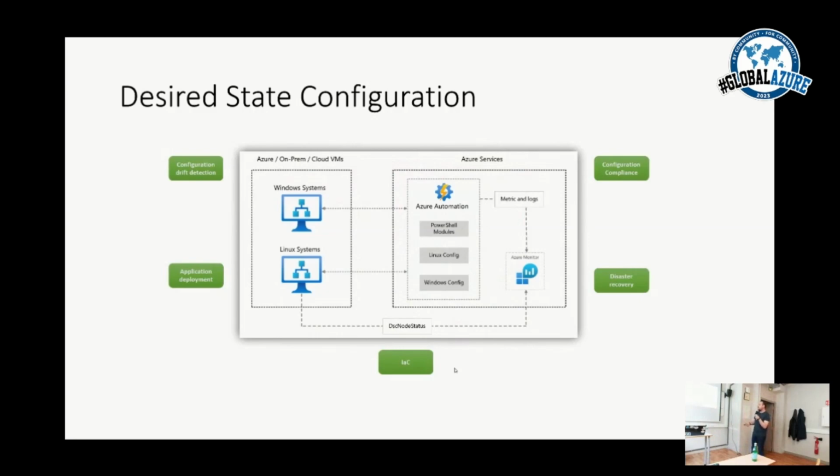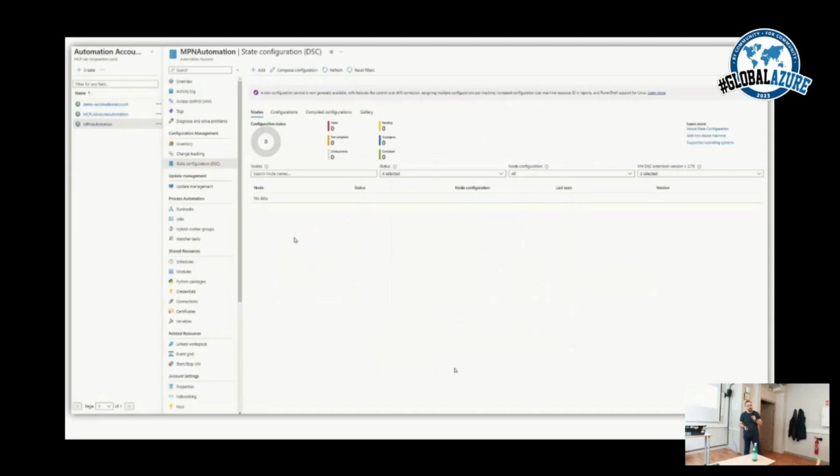Or you can also have it for disaster recovery, application deployment, and configuration drift detection. So you can make sure the software or the application or the configuration that you need to be installed is always in compliance. Here I have recorded a demo for you to see how it works.